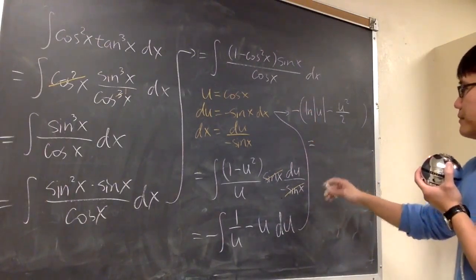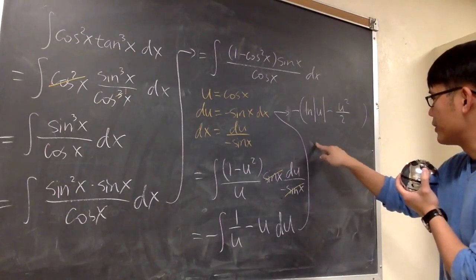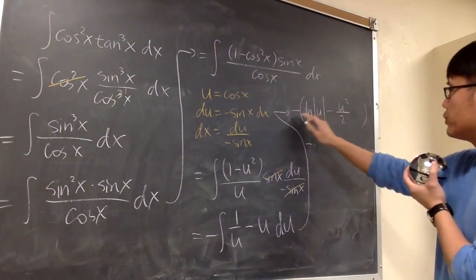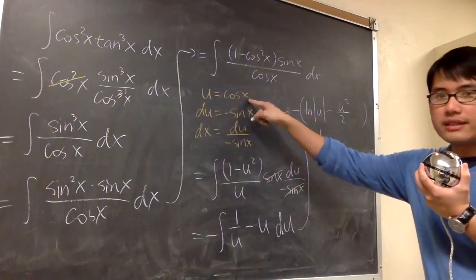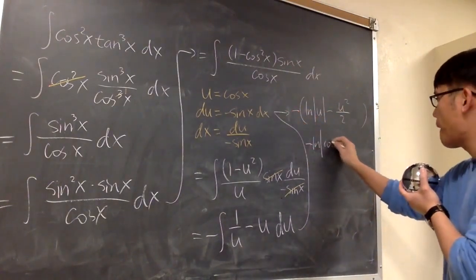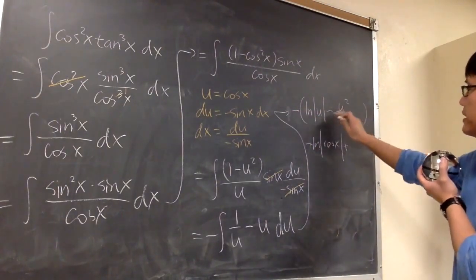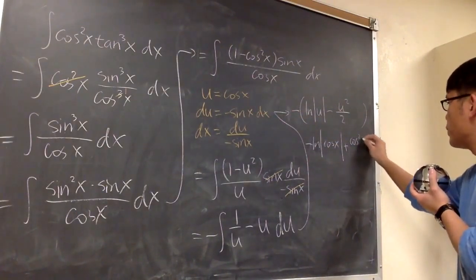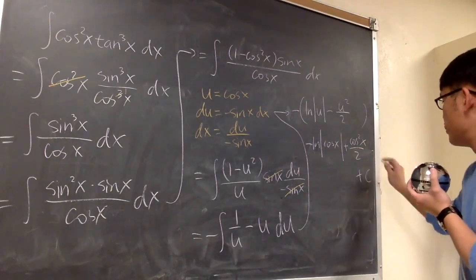Let me just write down right here, not the equal sign. Distribute the negative into the parentheses, we have negative ln absolute value. The u is cosine x, so I'll just write down cosine x right here. Negative negative becomes positive, and this is u squared, which is cosine squared x over 2. And this right here will be the answer after you put plus C somewhere.